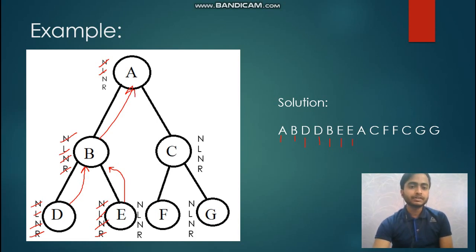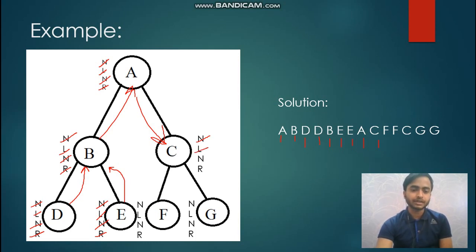Now we see that two steps of A are left, which is N and R. We apply the third one and say print A. A is printed. Now R, that is to traverse the right subtree. We come to C, which is the root of the right subtree of A. Now applying the algorithm recursively on C, first step is N, print C. Second is L, that is traverse the left subtree.